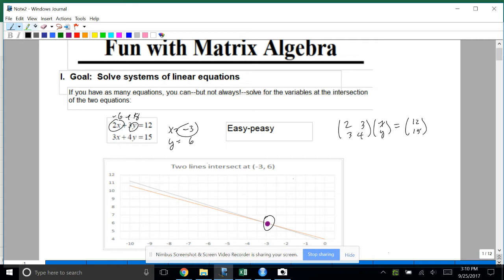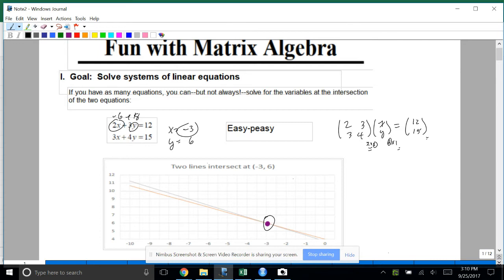And again, we have our little rules. We have a 2 by 2 matrix, and this is 2 rows, 1 column. So the number of columns equals the number of rows, and we're going to end up with a 2 by 1 result.